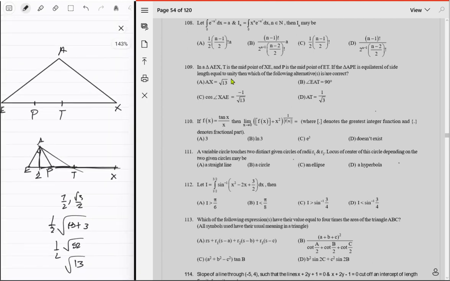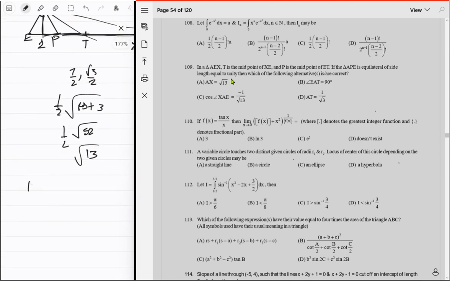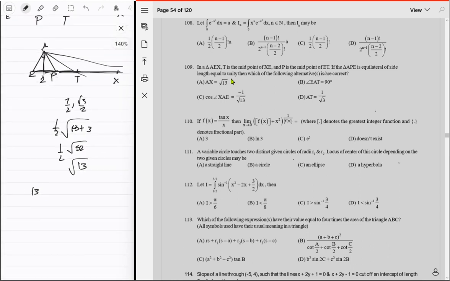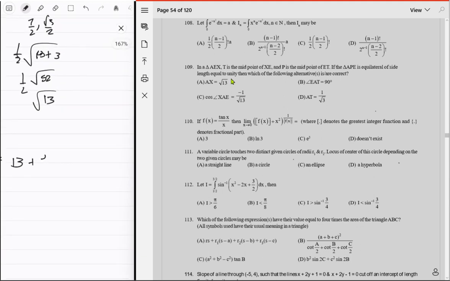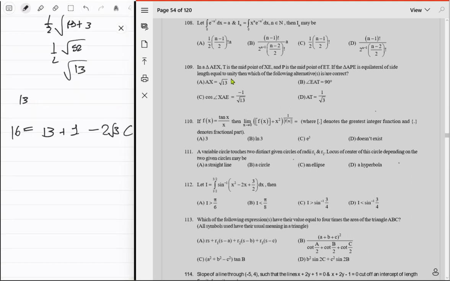और क्या है? Cosine of angle XAE, ये पूरा का पूरा एंगल, राइट? ओके, दैट इज इक्वल टू -1/root 13, इसका कोसाइन. हमने अपने जस्ट तो निकाला था. ओके, इट्स लाइक root 13. ये पूरा क्या होगा? इस 1 + 1 + 2 इज जस्ट 4, राइट? सो 16 इज इक्वल टू 13, ax का स्क्वायर प्लस ae का स्क्वायर, जस्ट 1, एंड माइनस 2 root 13 कोसाइन आपको जो चाहिए, राइट? तो ये जस्ट -1/root 13 the cosine of that angle.